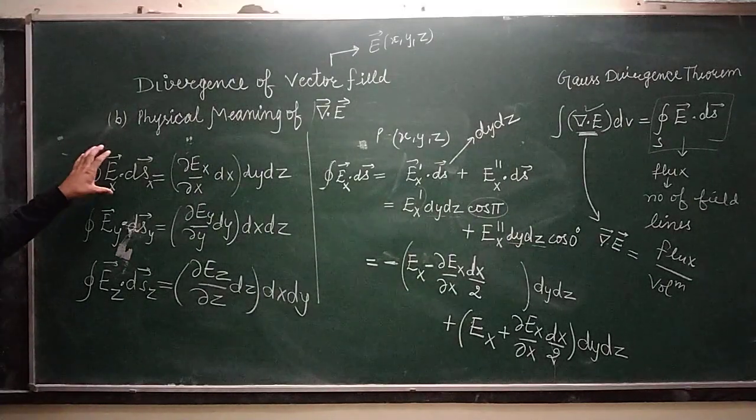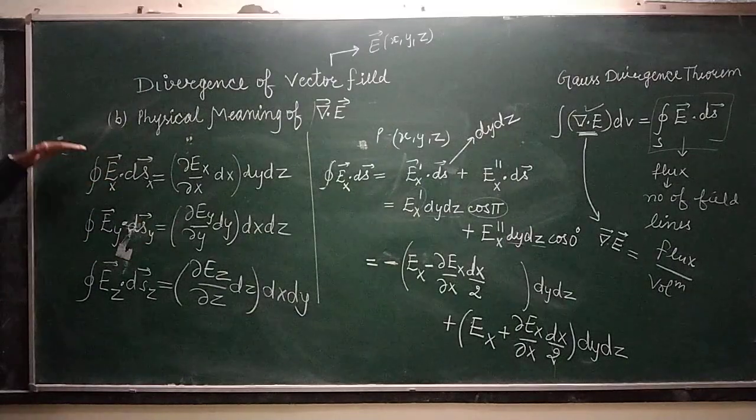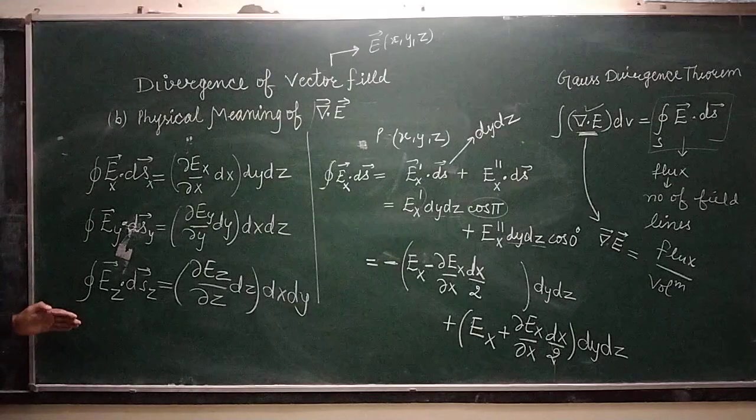So the flux due to the electric field will be the sum of the flux due to various components of electric field.